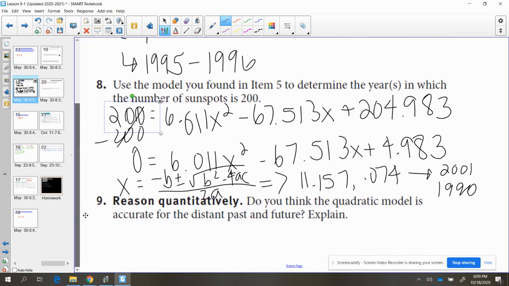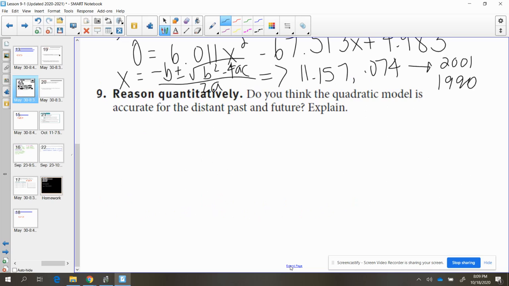Now, this last piece here, number 9, asks us if we really think a quadratic model is accurate for this. Well, if you think about the distant past, years before 1990, or the future, probably even now, it doesn't really make sense because the number of sunspots would be extremely large, right?